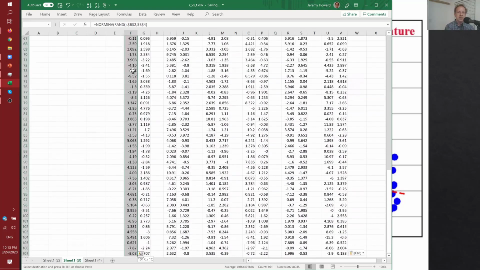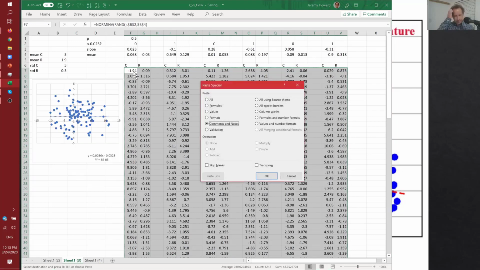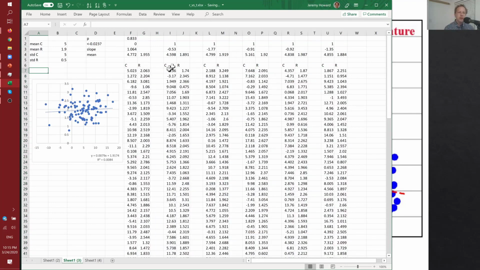Let's stop those from randomly changing anymore by fixing them in stone. Now that I've pasted them in, I've got 6 examples of what 100 cities might look like if there was no relationship at all between temperature and R, and I've got their mean temperature and R in each of those 6 examples.